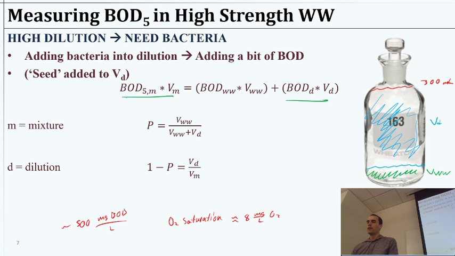So this will be derived experimentally, this will be derived experimentally, and this then is calculated. Okay, so you get observations for the mixture, you get observations for just the dilution, and you use that to find the BOD of the wastewater, which is what you're after.